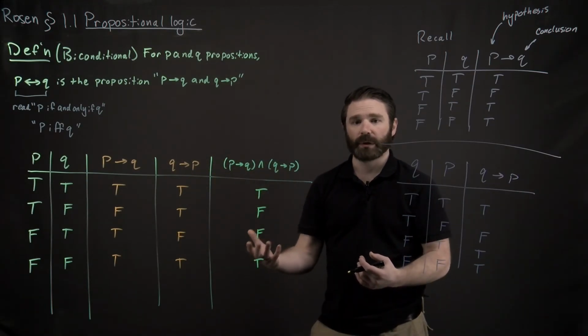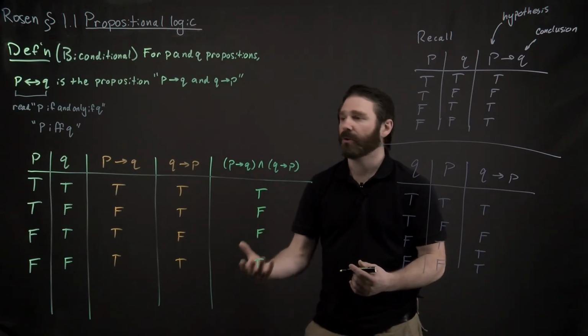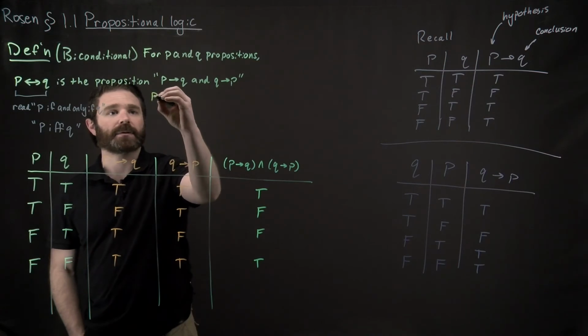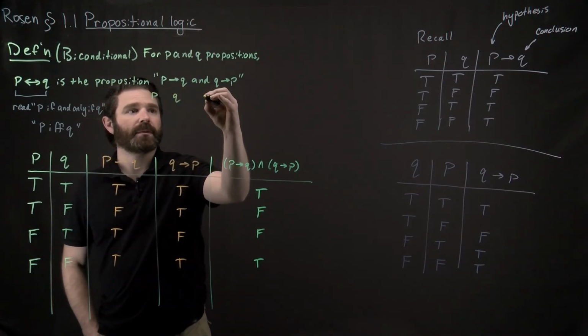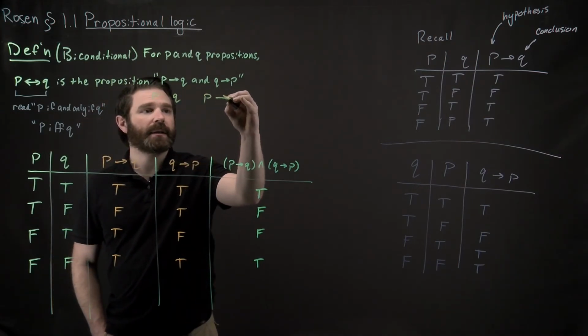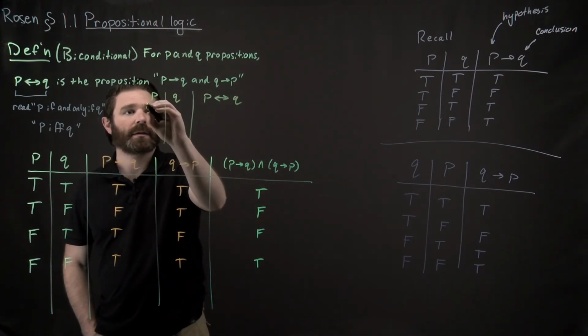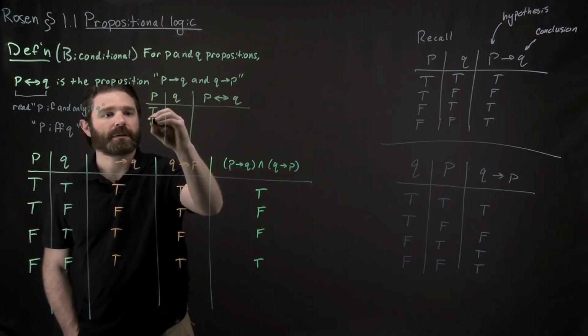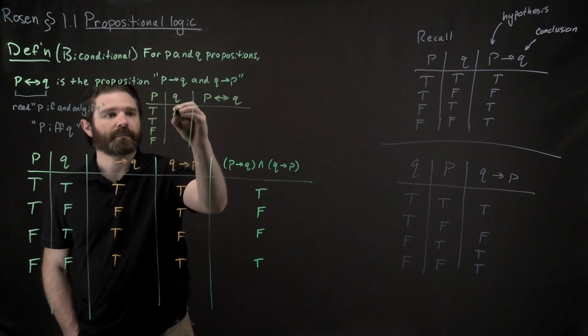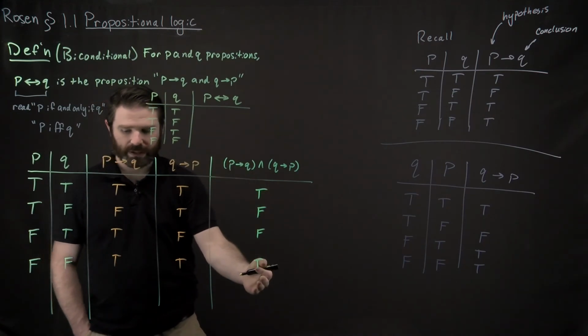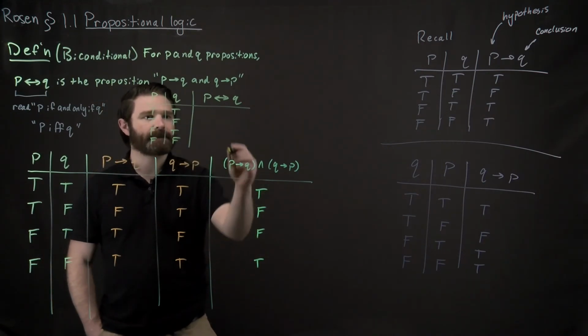So indeed, if you wanted to write it compactly, you could say that the truth table of this biconditional is simply as follows. P, Q, P if and only if Q would look like the following, filling in the values that we've already filled in here.